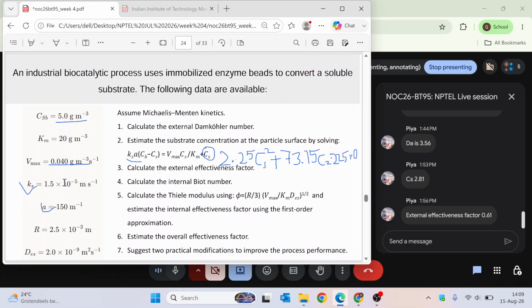At least up to Thiele modulus, I think it will be easy for you to solve.